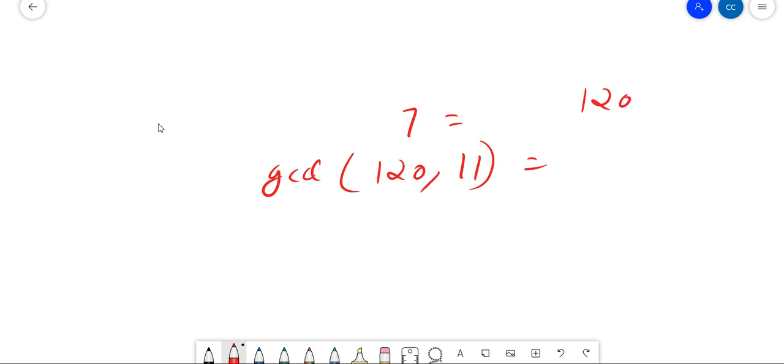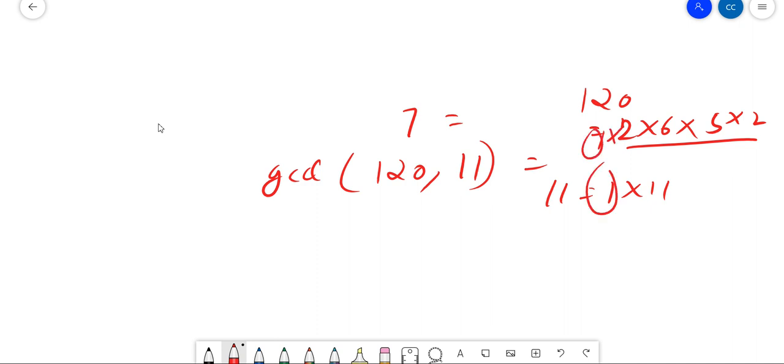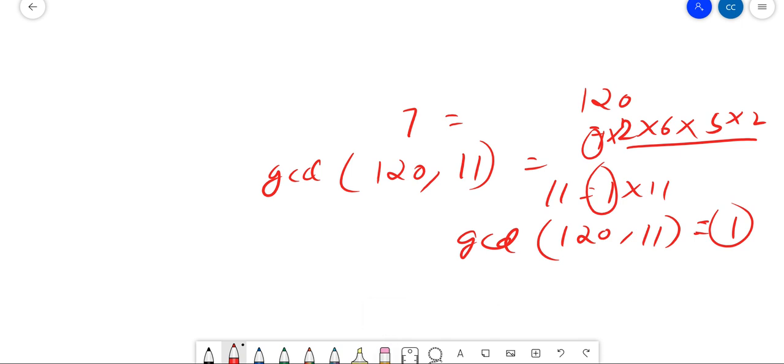Now for 120, 2 into 6, 2 into 6 is 12, 10, now 5 into 2, right? Like that we can write. Now for 11, we can write 1 into 11, right? Now there we are not getting any common, just common value is 1 only. So GCD of 120 and 11 is 1.